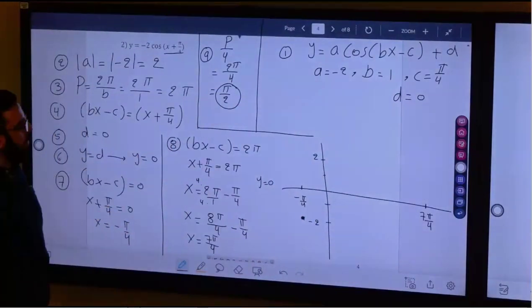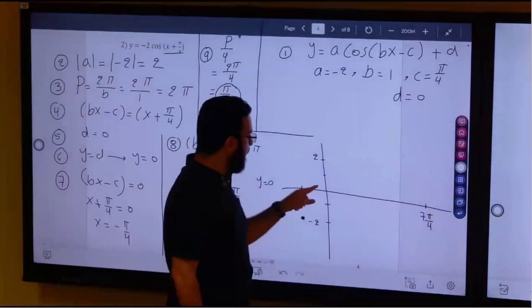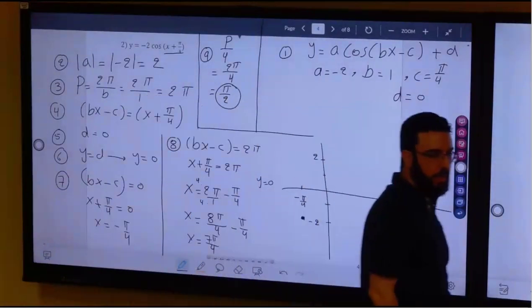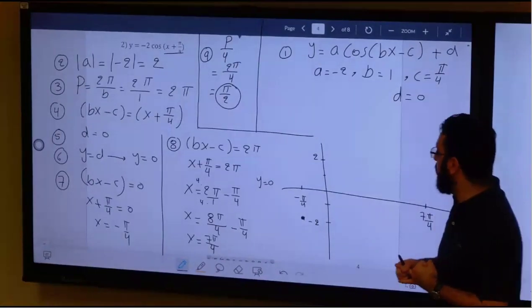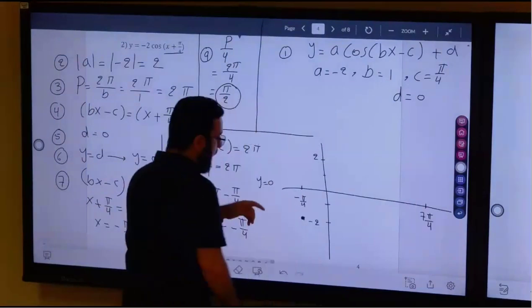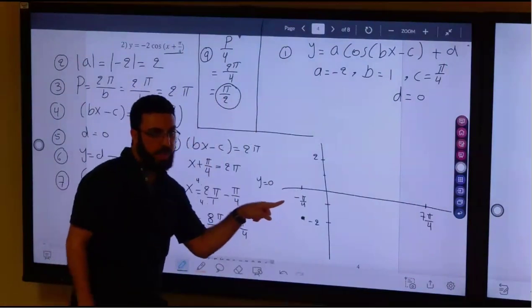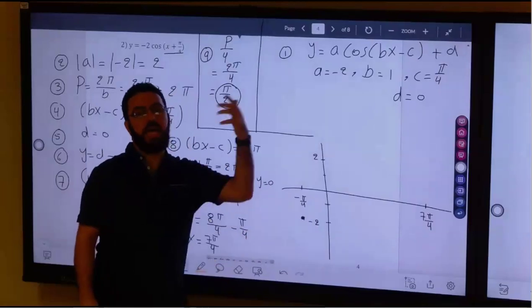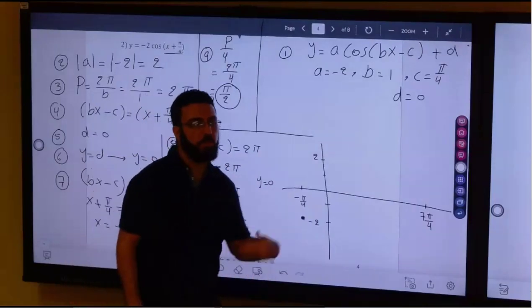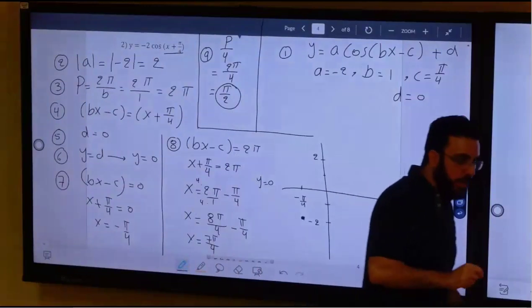So now, what's the first point? You have the first point, and you're going to add how much? Pi over 2. So the first point is, no, it's not 0. Here's the initial point, negative pi over 4. Add pi over 2. How much is it going to be? Let's work on it.